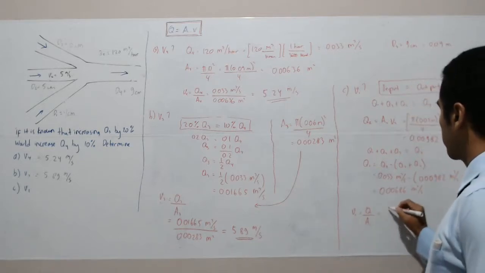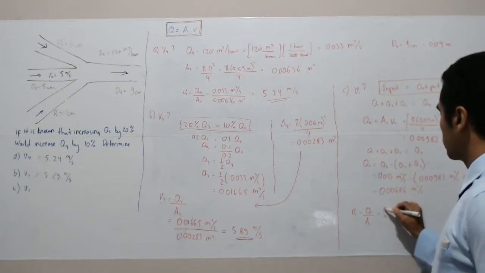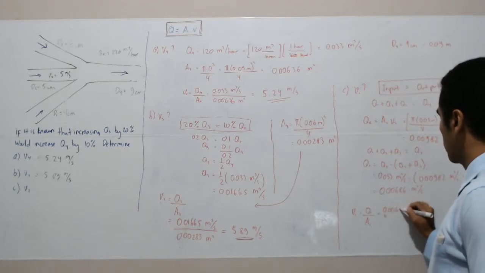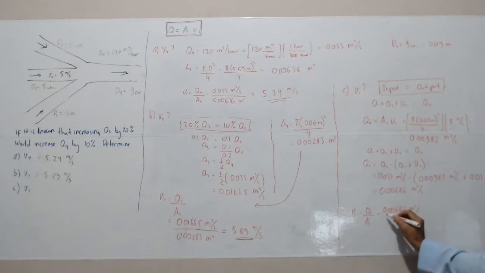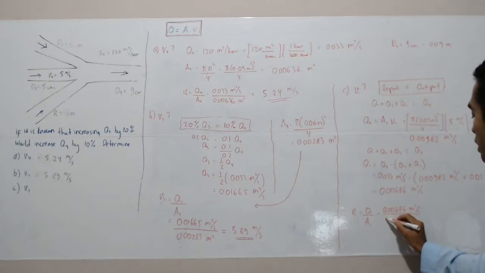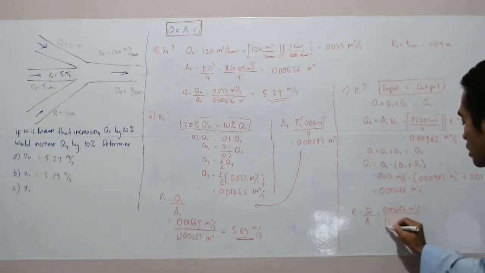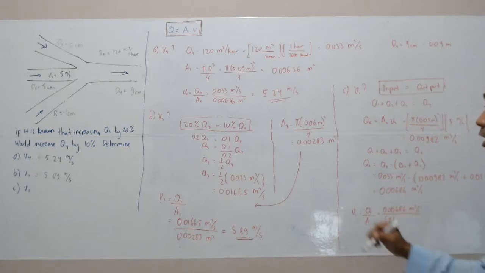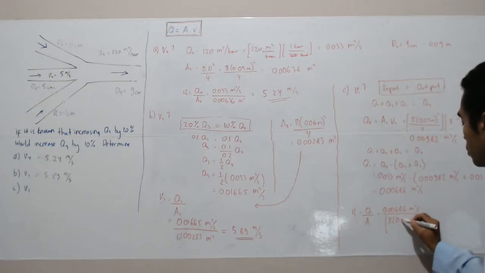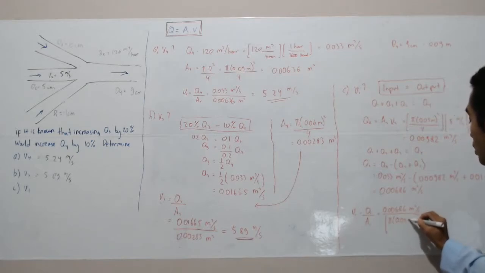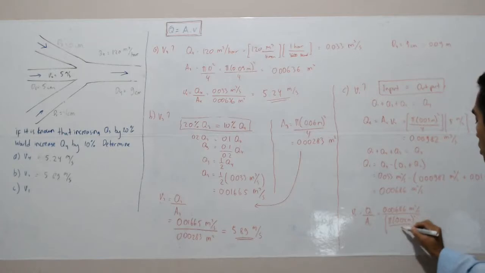Now the volumetric flow rate Q1 is 0.00686 cubic meter per second, divided by the area. The area is pi times the diameter, which is 4 centimeters, so 0.04 meter squared over 4.